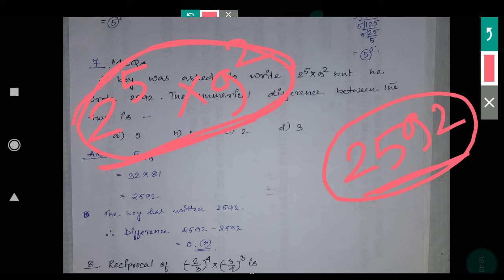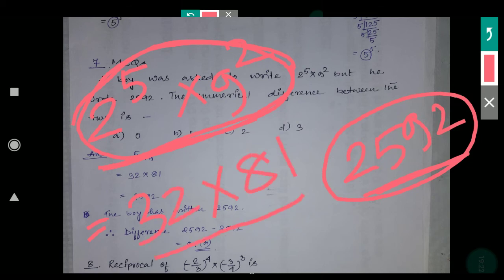Okay, so how much is 2 power 5? 2 is multiplied 5 times. If 2 is multiplied 3 times, then it will be 8. If 2 is multiplied 4 times, then it will be 16. If 2 is multiplied 5 times, that means 16 into 2, that means 32. 9 square means how much? 81.